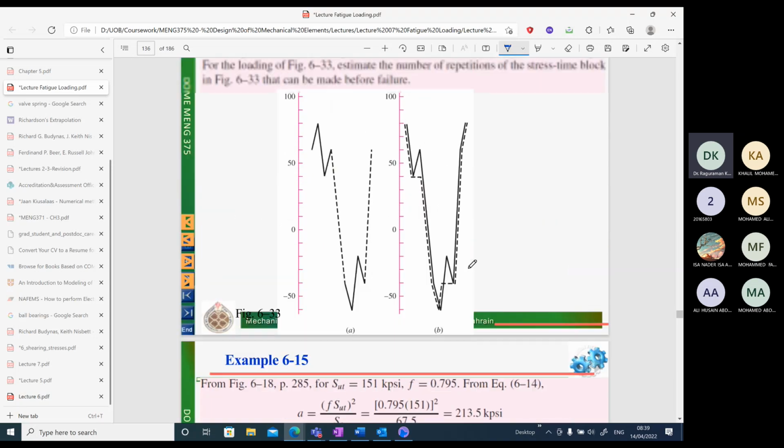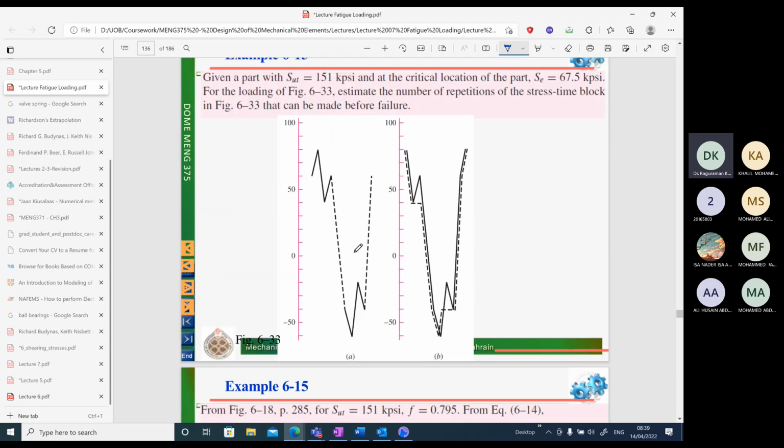Let's see how to do the problem. First, we need to figure out how to replace this. In this case, we are going to replace it with one big cycle, since the order of the application of the cycles is not important in this particular Palmgren-Miner rule or assumption.